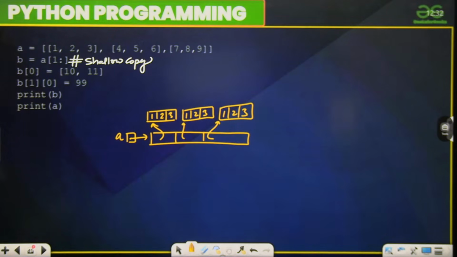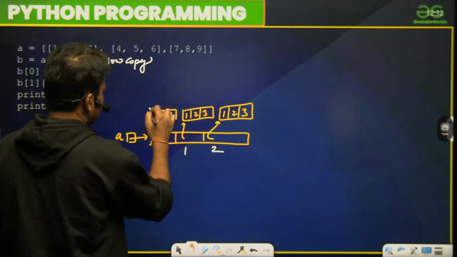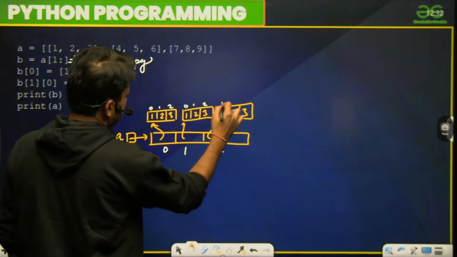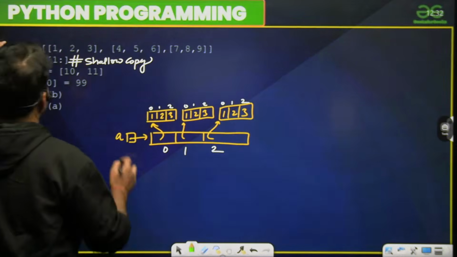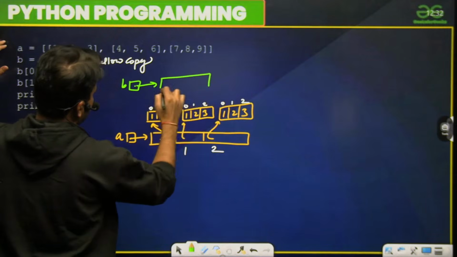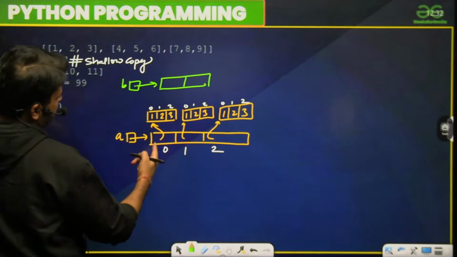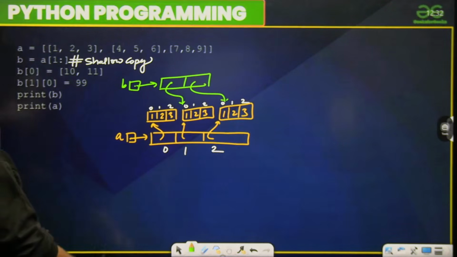Okay. Now B equals 1 onward, student. Starting from 1, this 1 onward slice creates slicing or a shallow copy. So B is what, student? B is pointing to 1 onward, index 0 1. So this is pointing to this one, and this one is pointing to this one, right?